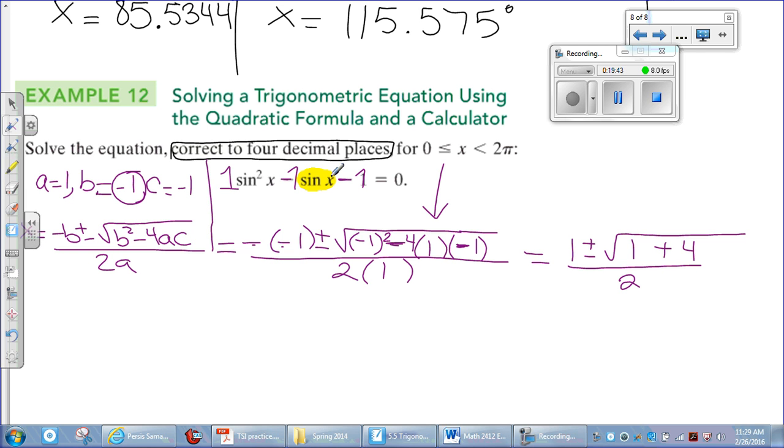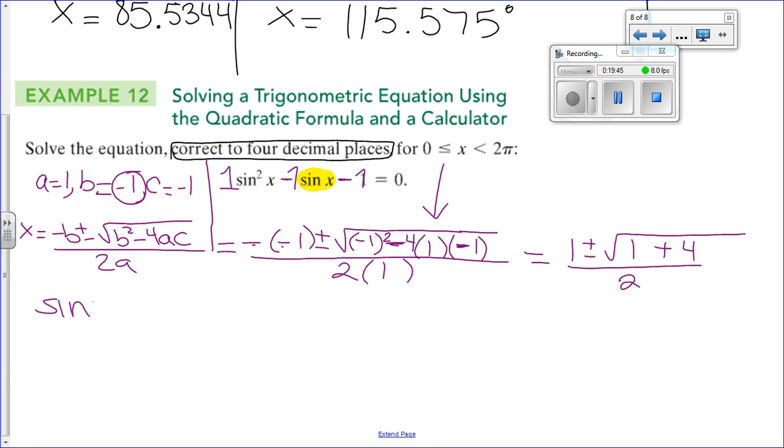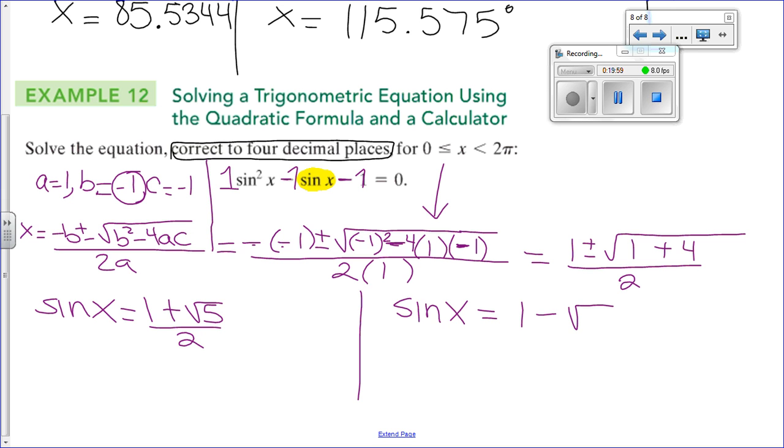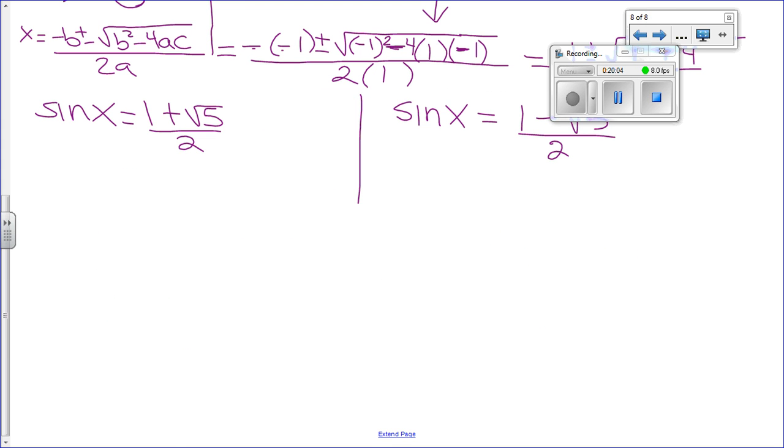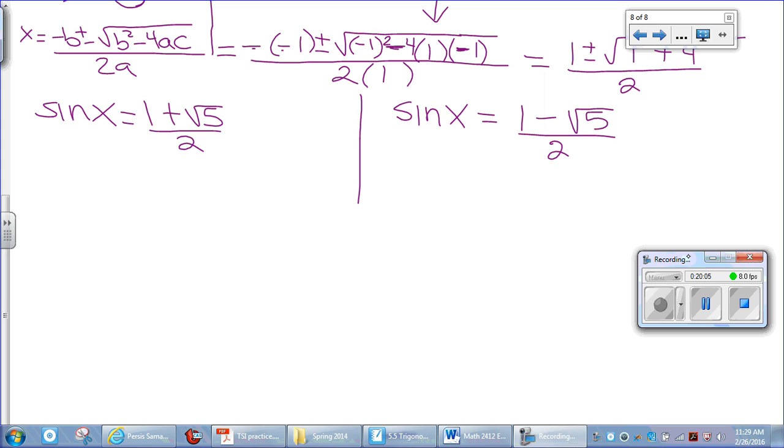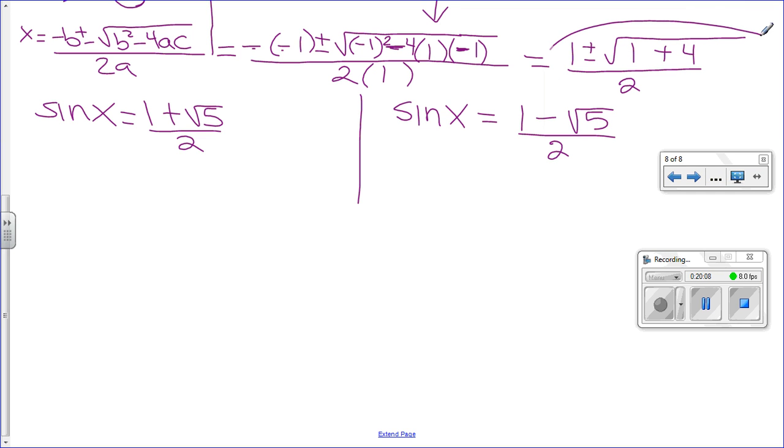So what I'm going to say is that sine of x could be 1 plus the square root of 5 over 2, or sine x could be 1 minus the square root of 5 over 2. And of course, those two solutions are coming from here, all right?